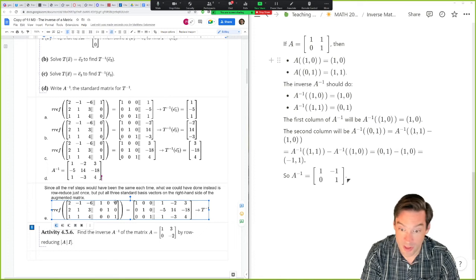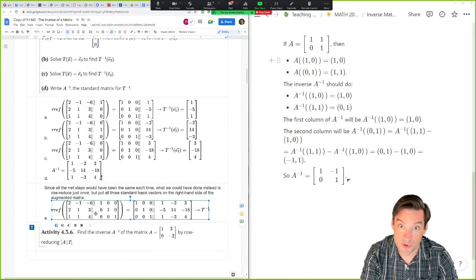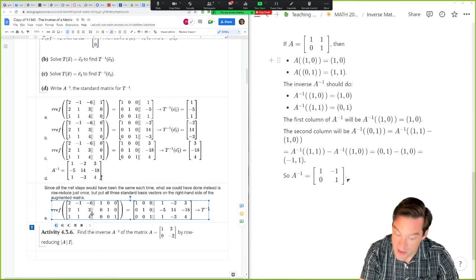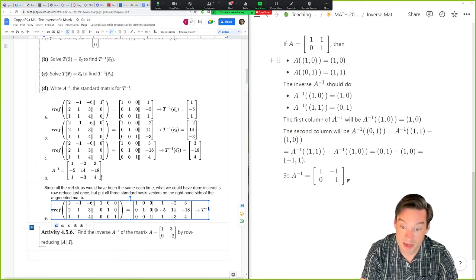Then when I do the row reduction process on this entire now 3 by 6 matrix, with the goal of bringing it into its reduced row echelon form, well, as long as my original matrix on the left-hand side of my bars here represents a bijective linear transformation, that means that its reduced row echelon form is going to be an identity matrix, 1, 0, 0, 0, 1, 0, 0, 0, 1.